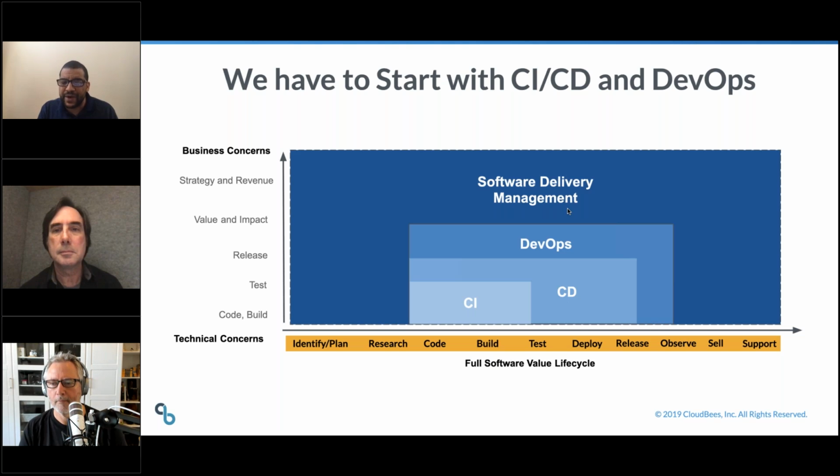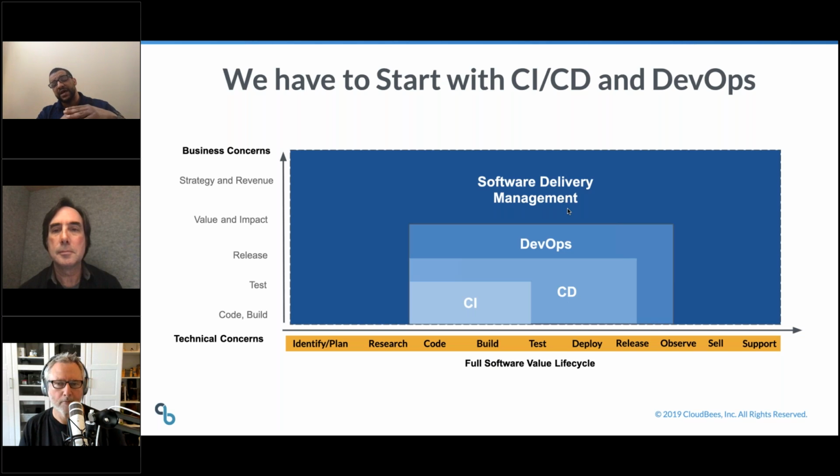We still have to address our competency in the area of technical concerns between the traditional plan, code, deploy, and release before we can build up to the area that software delivery management addresses, where we can focus more on driving value and impact, which will act on strategy and influence revenue.